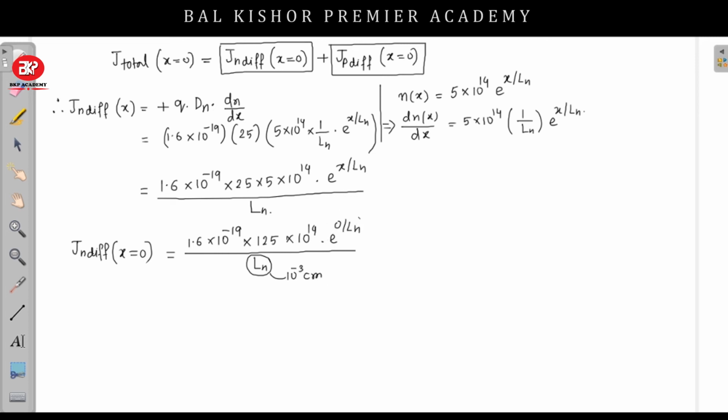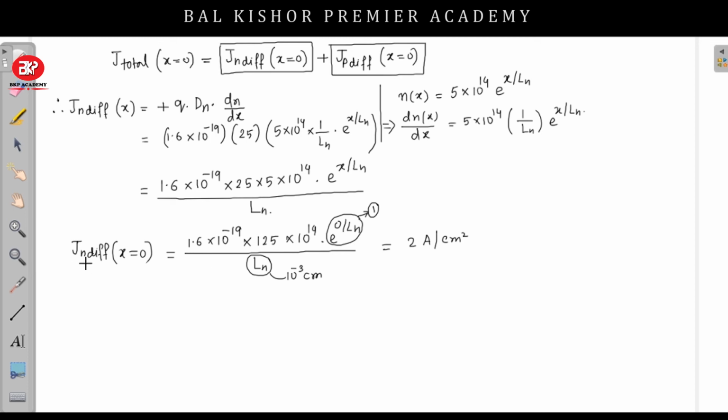So e to the power 0 means 1. Ultimately if you calculate this, you will get the value of 2 ampere per centimeter square.